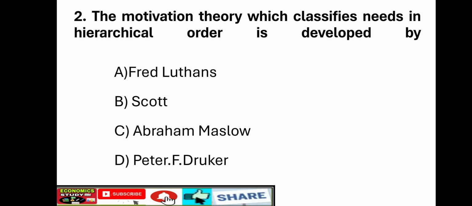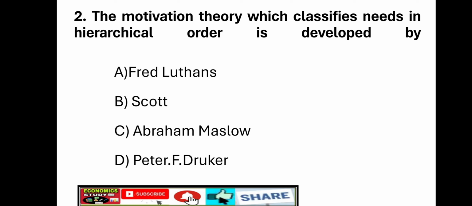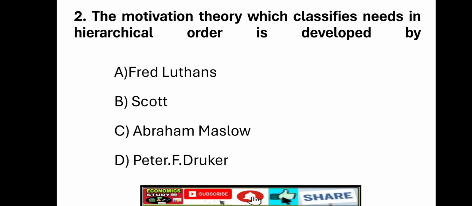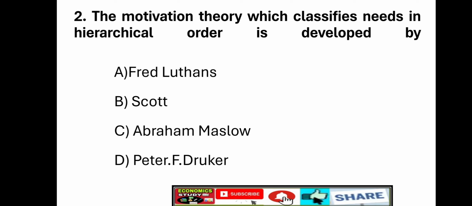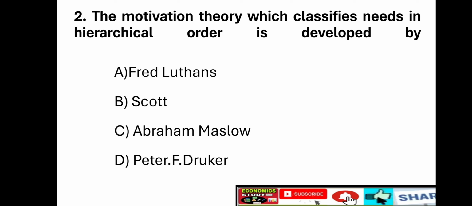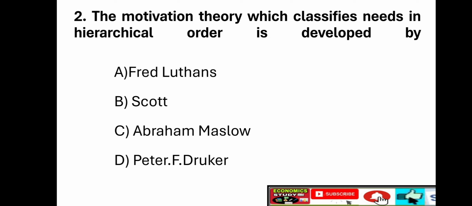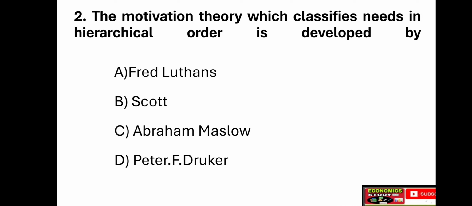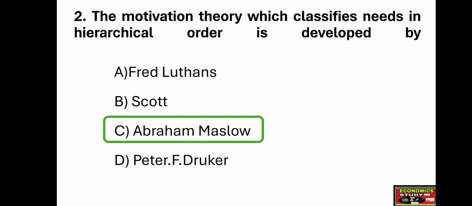Second question, the motivation theory which classifies needs in hierarchical order is developed by option A, Fred Luthans. Option B, Scott. Option C, Abraham Maslow. Option D, Peter F. Drucker. Right answer is option C, Abraham Maslow.